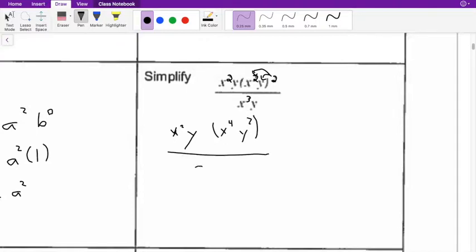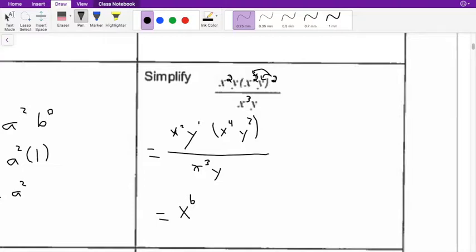All over, oh, I was going to make a different number. Let's make an x out of that. And y. Now we have multiplication here again. So we're going to add this up. So x squared times x to the 4 is going to be x to the 6.